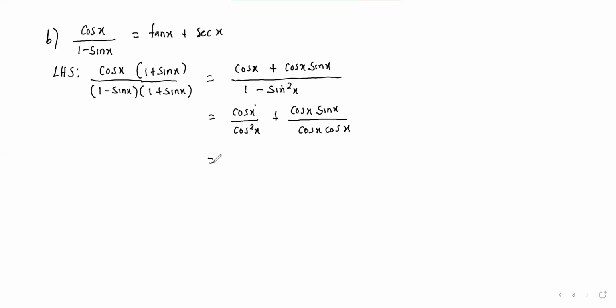So this cos can go with the power, so we have 1 over cos. This cos can go with this, so we have sin over cos. What next? Sin over cos is tan. 1 over cos is sec, which is what we have on the right hand side.